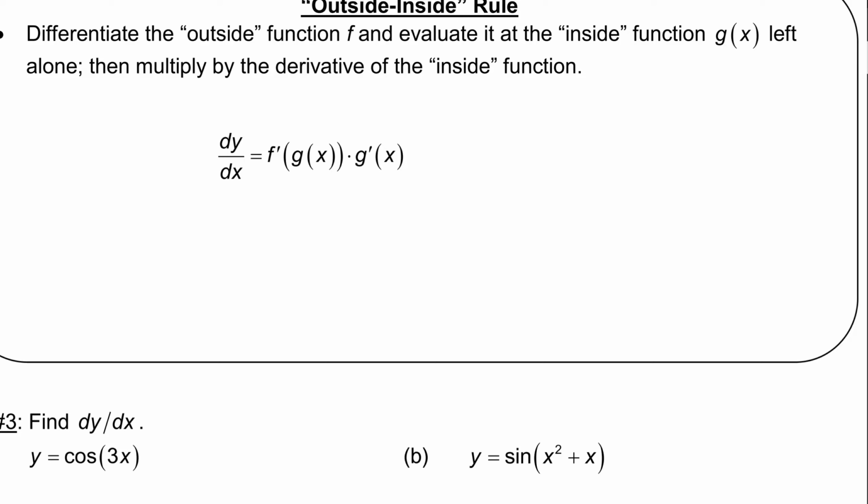What's the difference between the chain rule and the outside inside rule? Wait, it's not any different? Doesn't look like it to me. Nope. Just add an extra word.